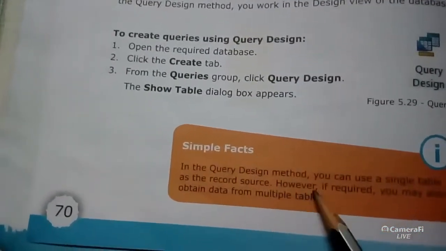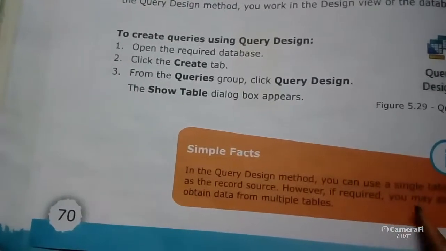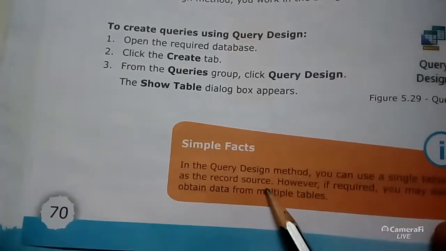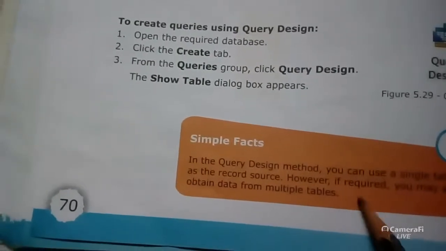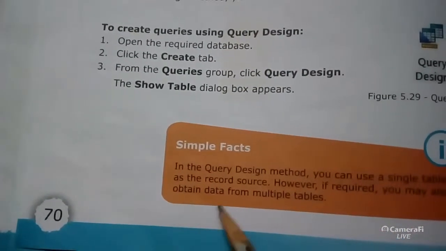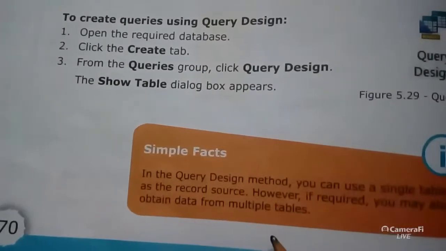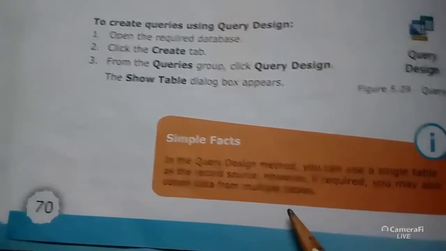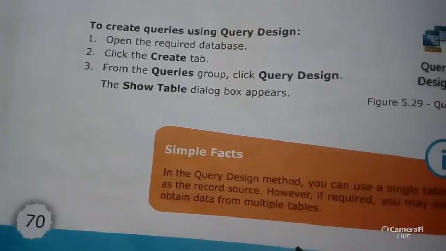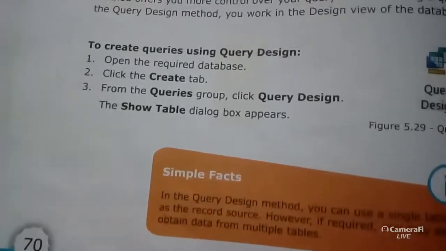In the query design method, you can use the table as the record resource. However, if required, you may also obtain data from multiple tables. That means you can get multiple data from your table.